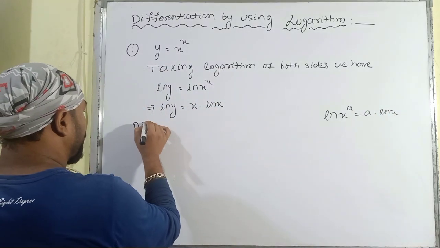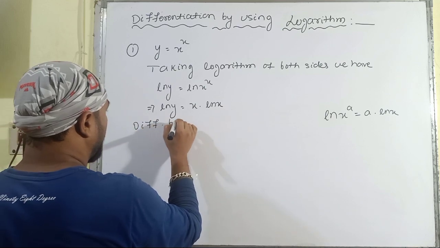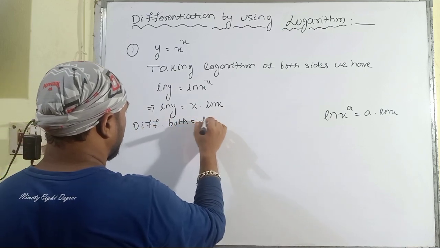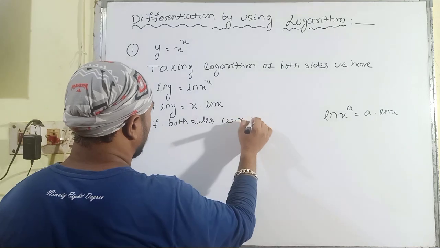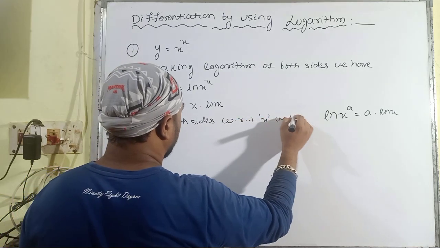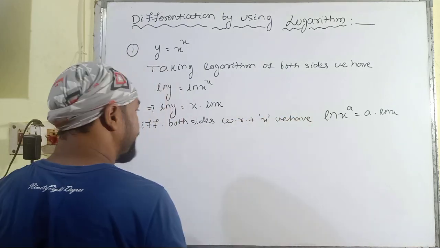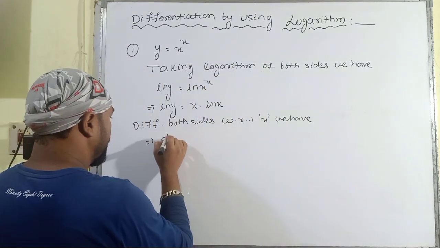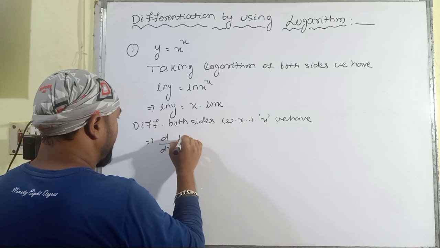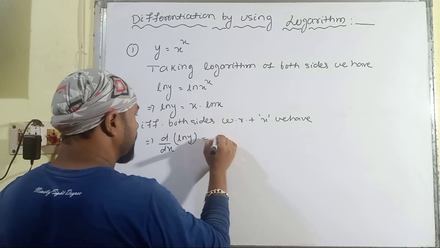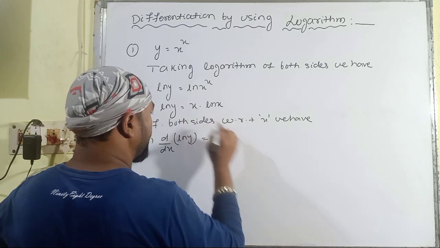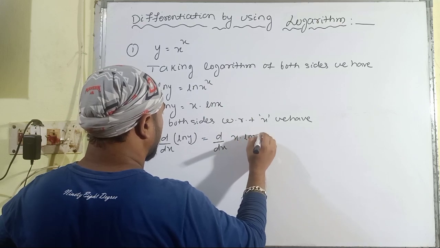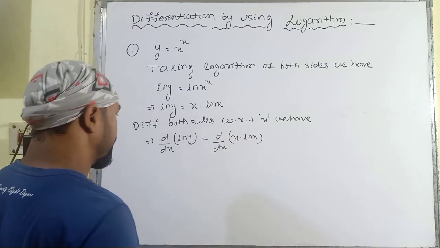Then differentiating both sides with respect to x, we have differentiation of ln y with respect to x and differentiation of the multiplication of x ln x with respect to x.